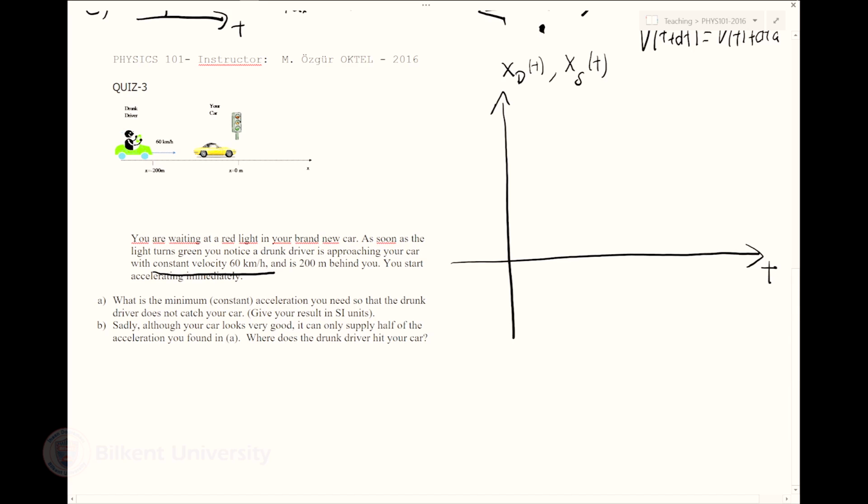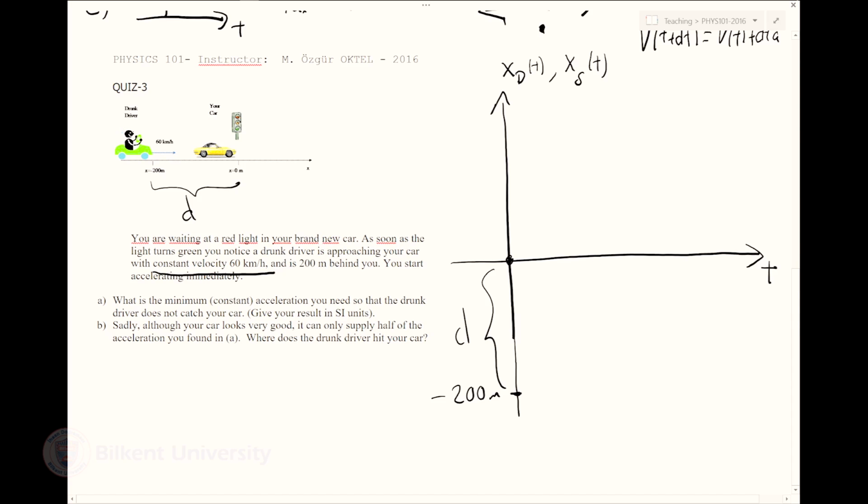Now, at time t equals 0, let's say the light turns green. At that moment, where is the sports car? The sports car is at 0. Let's take this to be the origin. And the drunk driver is at minus 200 meters. So let me call this distance d for now.